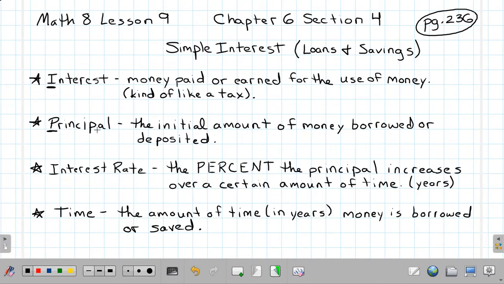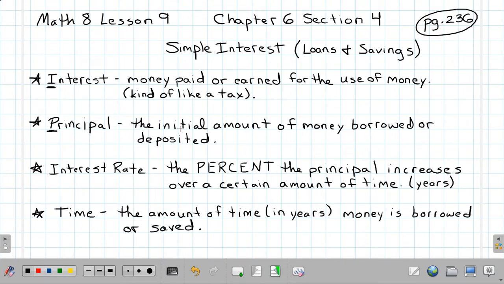But anyways, the principal. No, this isn't the principal of a high school or principal of any school there. Once again, in math, we use words from English, which might mean something else outside of a math sense. So in this case, if we're talking about math, we're talking about money.